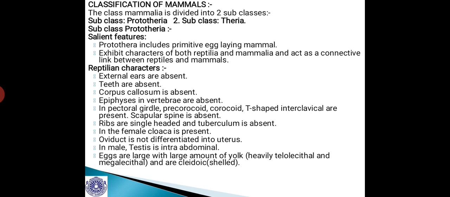And in the case of mammals like prototherians, eggs are large with a large amount of yolk, and they are heavily telolecithal, megalecithal and cleidoic types. You know the meaning of all these terminologies. Heavily telolecithal means a heavy amount of yolk is present, megalecithal again refers to more amount of yolk, and cleidoic eggs means the eggs are covered by hard calcareous shells.